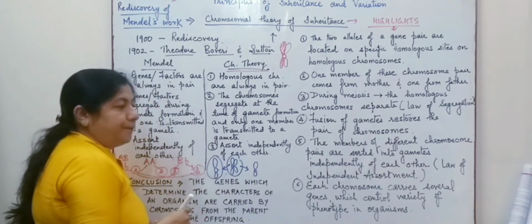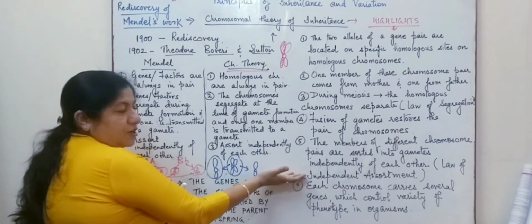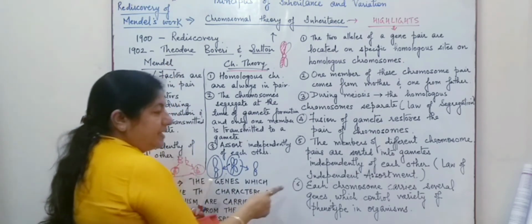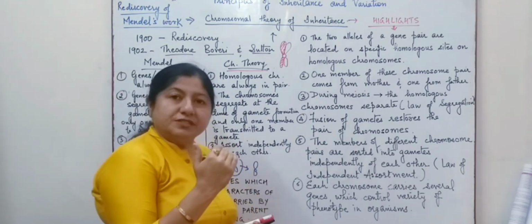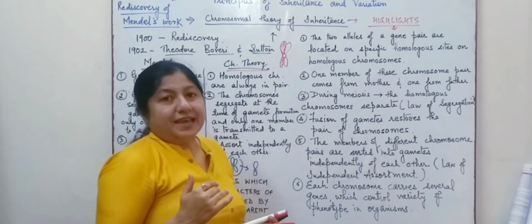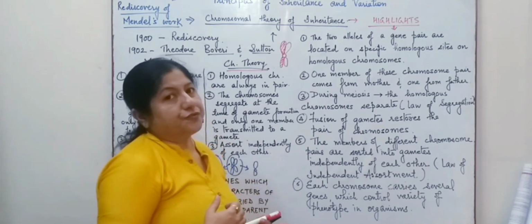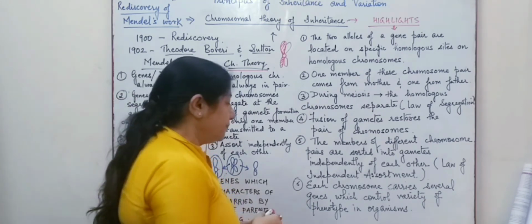This is according to the law of independent assortment proposed by Mendel. Each chromosome has several genes located at specific sites, and the combination results in different phenotypes of the organism.